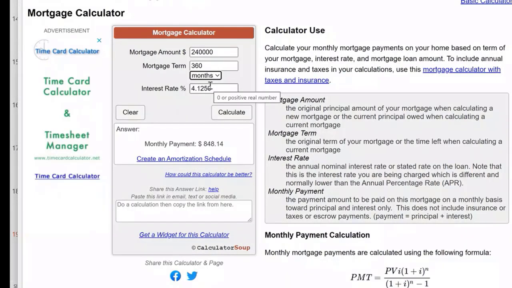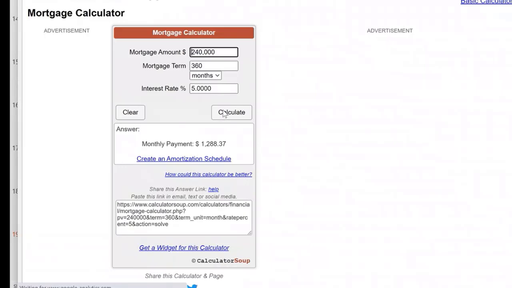Remember, it's 30 multiplied by 12 months, that is 360, and then the interest there is 5. Okay, and then you calculate. It's 1288.37.